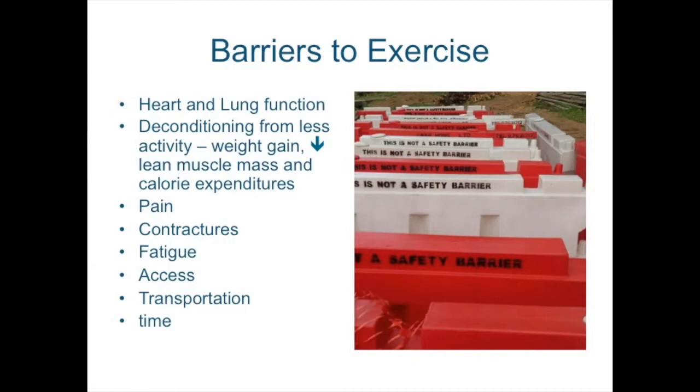Pain can be a limiting barrier to exercising, although exercise can very effectively treat pain as well. And then fatigue, just going to a place that's adapted for the stage that the patient is at for their condition, and time are all barriers. I think barriers to most people. Like today I was going to exercise, I didn't yet.